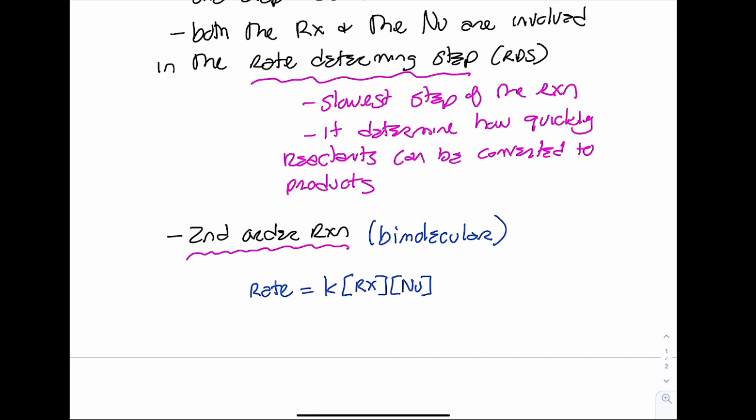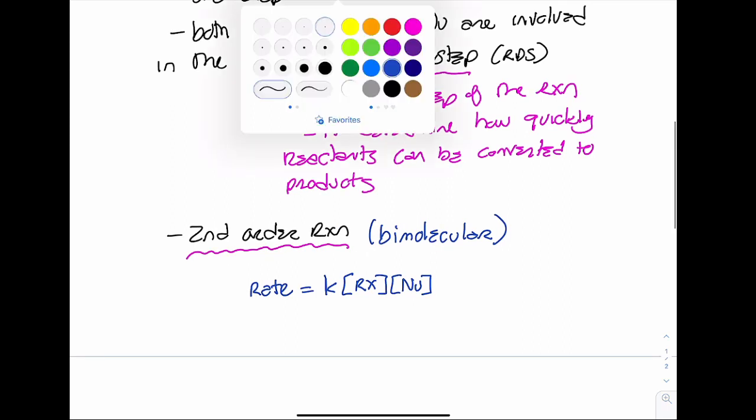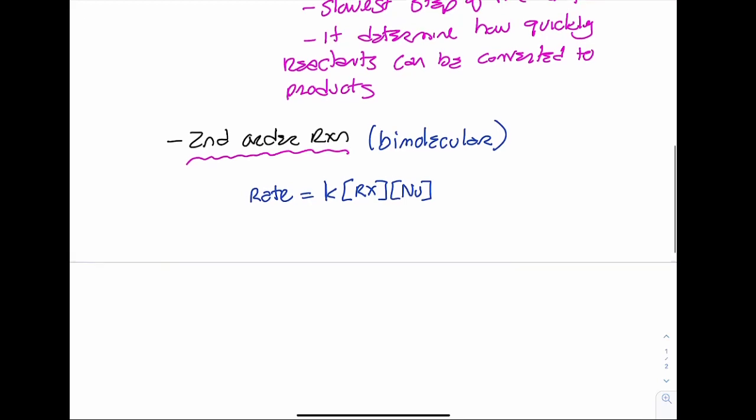If I was to look at the mechanism, I have my nucleophile. I'm just going to use an R group for now, but what's happening is that the nucleophile is attacking the partial positive carbon that the halogen is bonded to at the same time that the leaving group leaves.